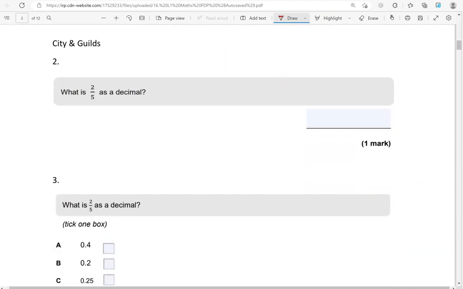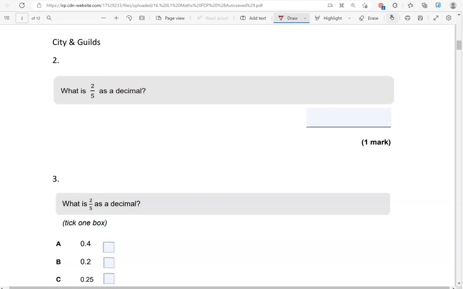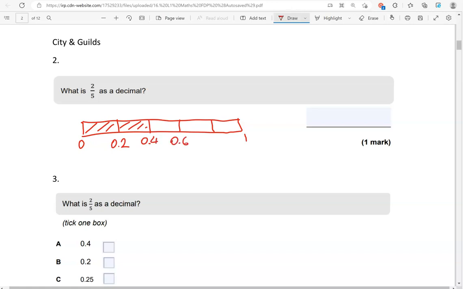What is 2/5 as a decimal? 2/5 is represented like this. So the whole bar splits into 5 equal parts, and we're looking at 2 of them. So starting from 0, ending with 1, we go 0.2, 0.4, 0.6, 0.8, and then 1.